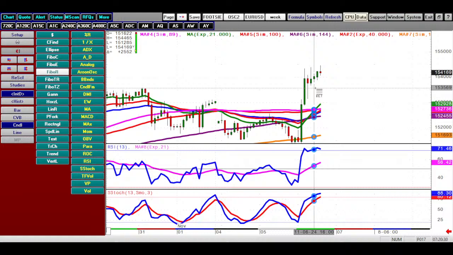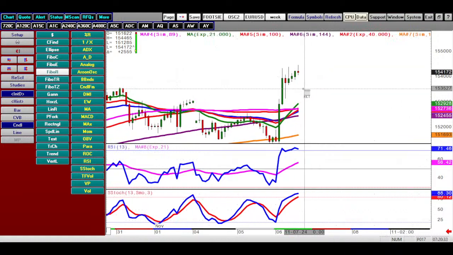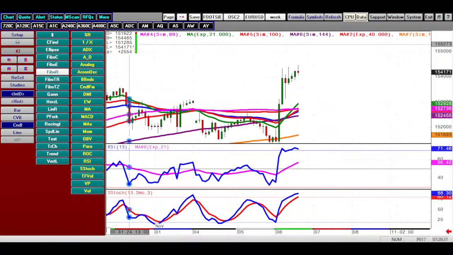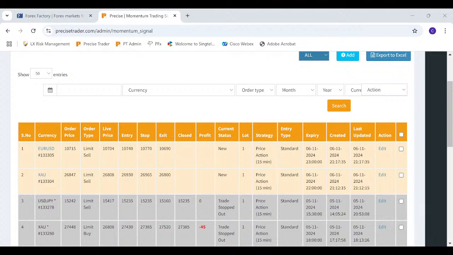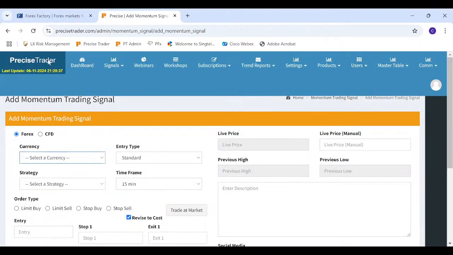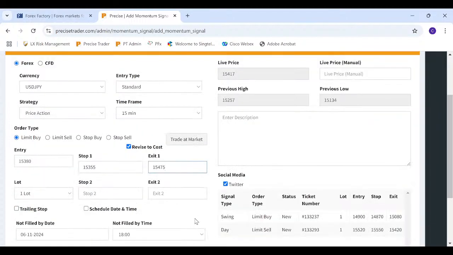Okay, we put 55 as the stop. So I think this one we are good to go. Dollar yen, we go for a buy at 153.80, stop at 55 and TP 154.75. Okay, this is about 95 pips.